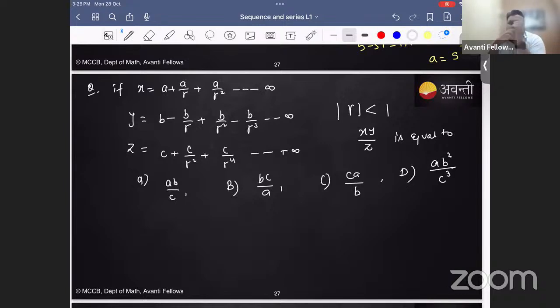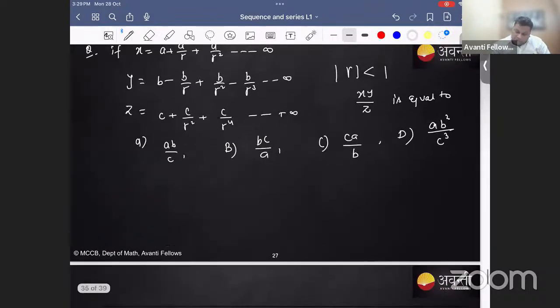Four people marked A, one marked C. Others? Well, A is the correct answer.